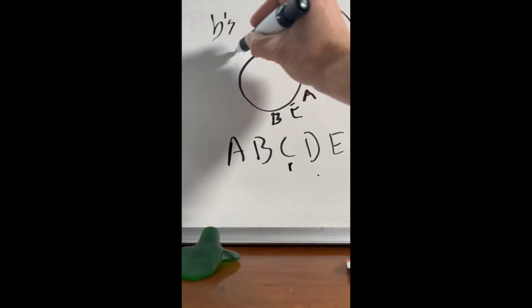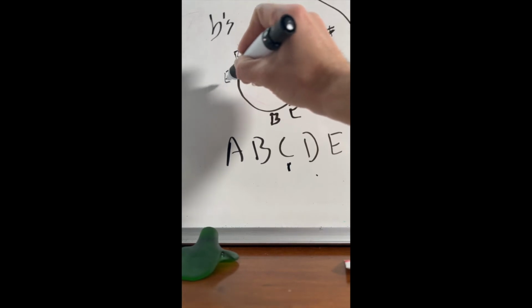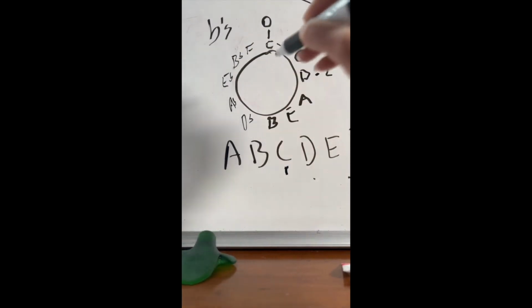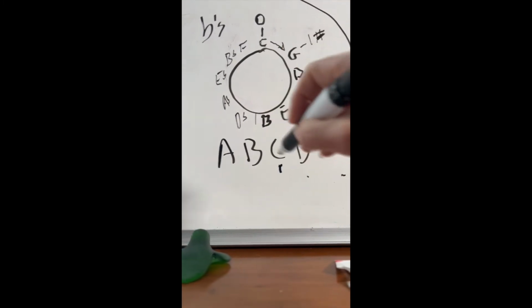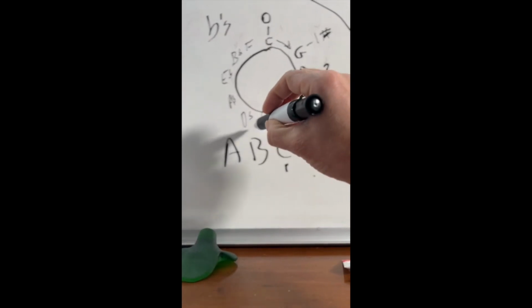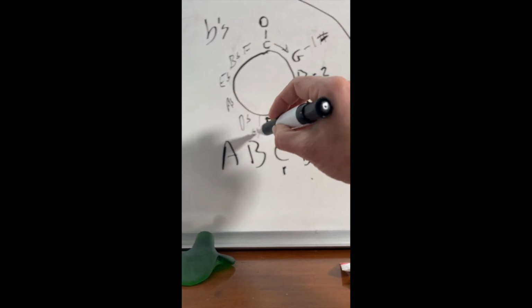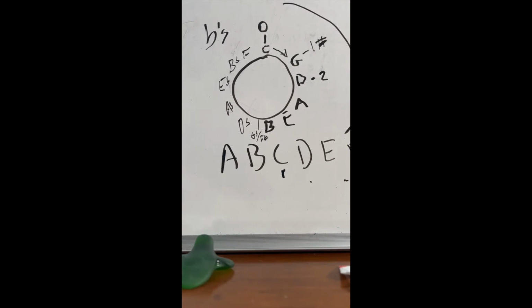And if I keep going, next would be B flat, E flat, A flat, D flat, and then I would come over here and I would have right here in the middle, and I know that my circle's a little bit off with these letters, but I would have G flat, which is also the same thing, or enharmonic to that, my F sharp.